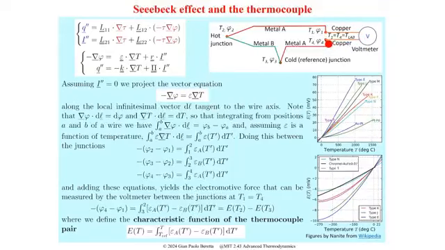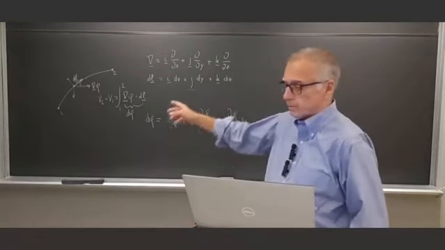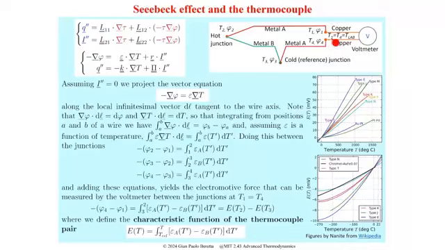Now, in order to compute that voltage difference, you need to do that integral 3 times: from 1 to 2 with metal A, from 2 to 3 with metal B, and from 3 to 4 again with metal A. And what are we integrating? Well, the governing equation is this one, but since we are at open circuit, the current is equal to 0.